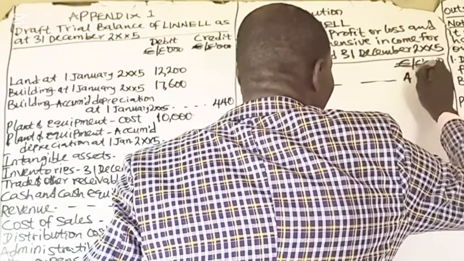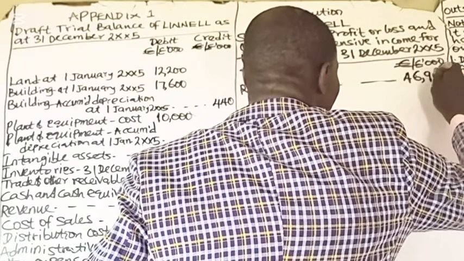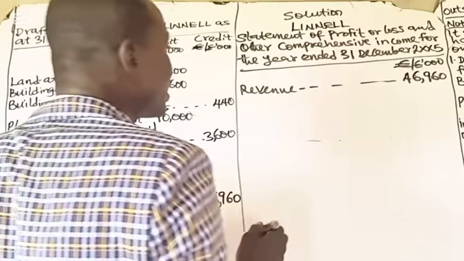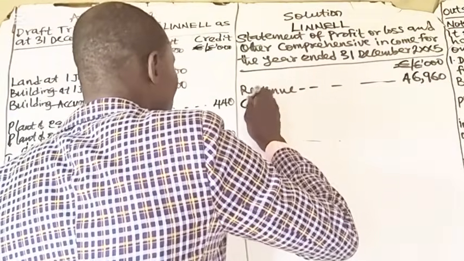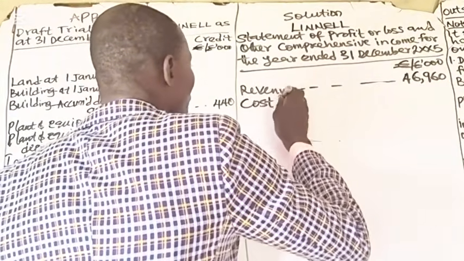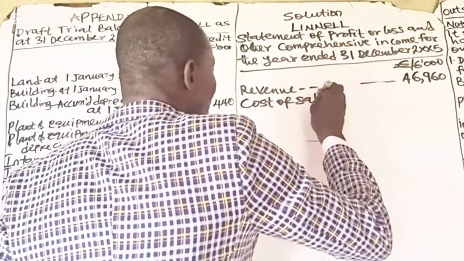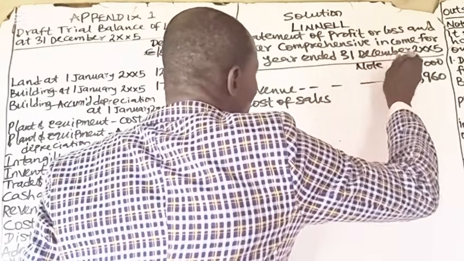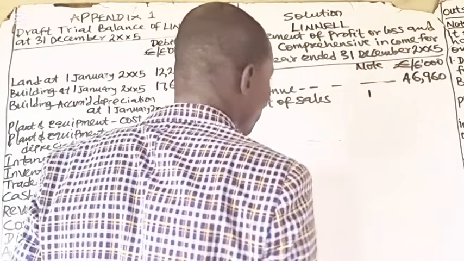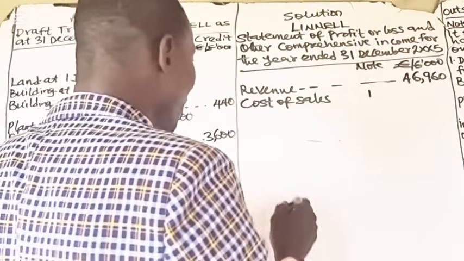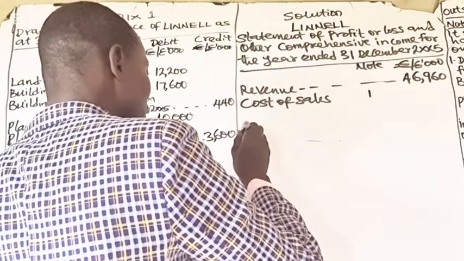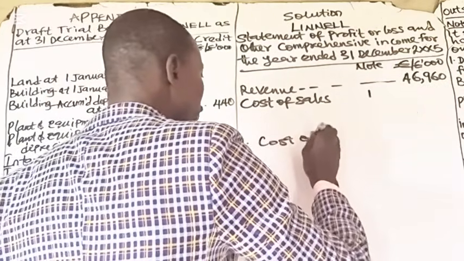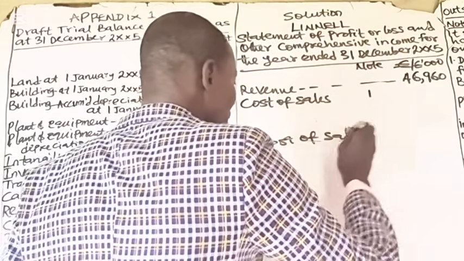After revenue, the next item will be cost of sales. Let me have that as Note 1, so we want to show the calculation of our cost of sales. Note 1. Cost of sales.